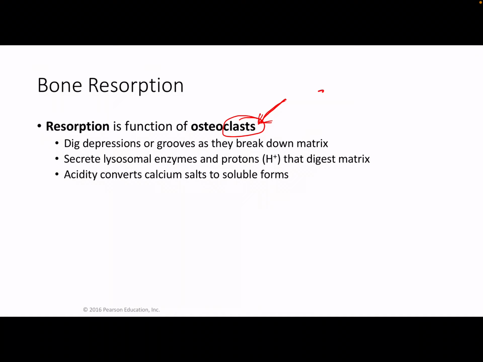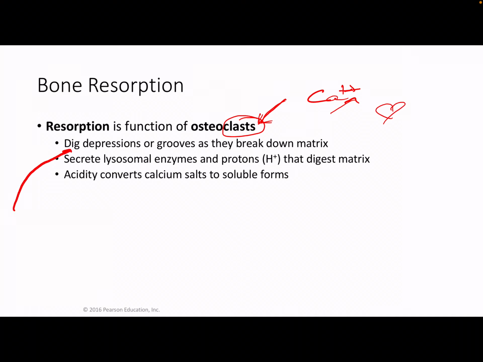They're degrading it and freeing up that calcium to go back into the bloodstream to be used by the brain, by the heart, by the muscles, and all of that stuff, just because there might not be enough bioavailable calcium. This is one of the ways we can get things like osteoporosis.